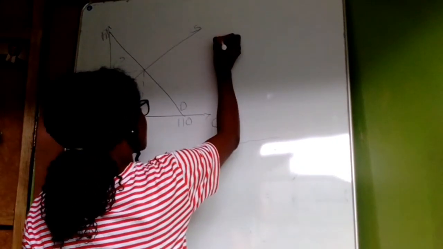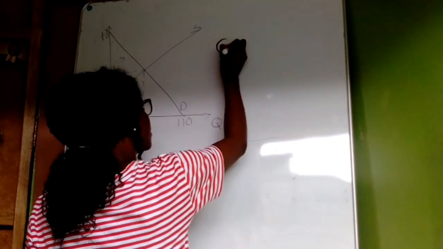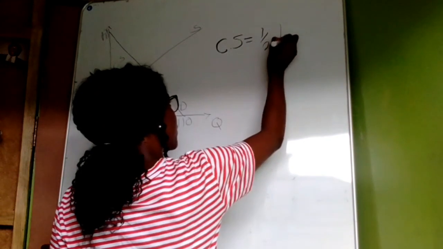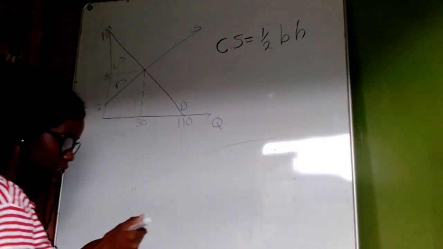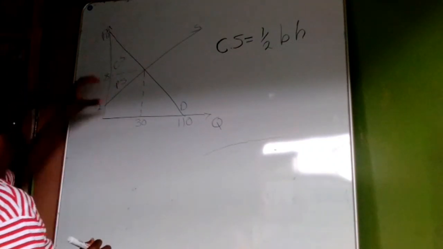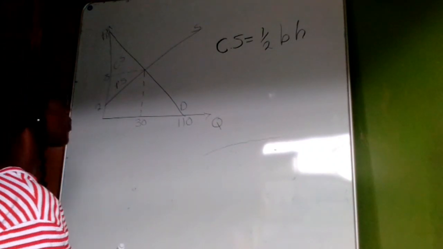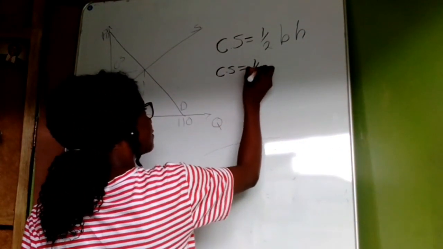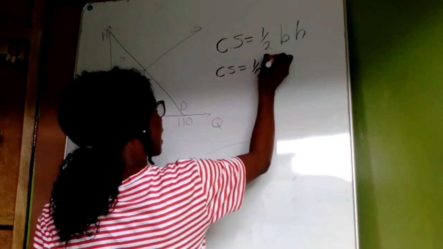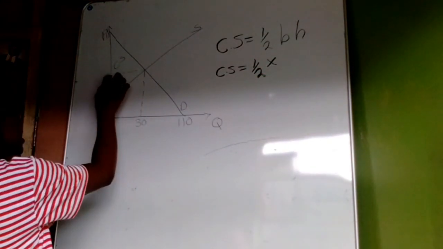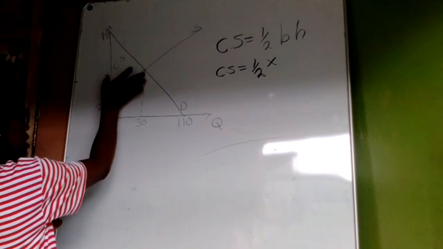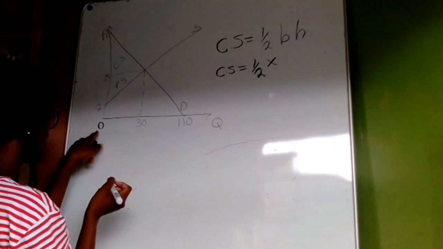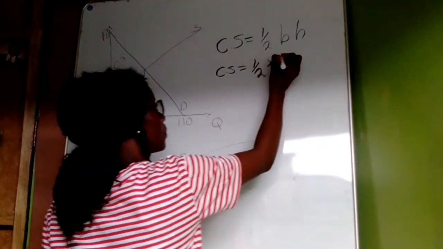For the consumer surplus, consumer surplus is equal to half base times height. Basically the formula of a right angled triangle, because that's what this is. So consumer surplus is equal to half times the base, which is simply the distance from 0 to 30, so the base is 30.